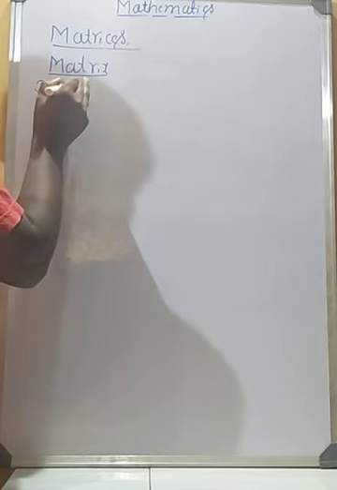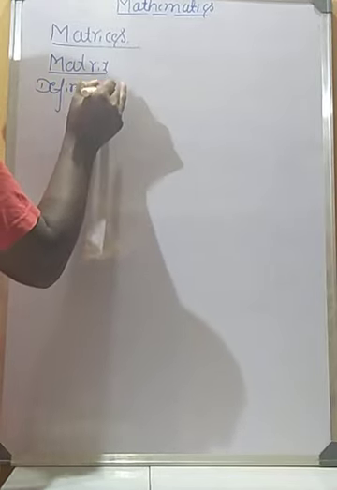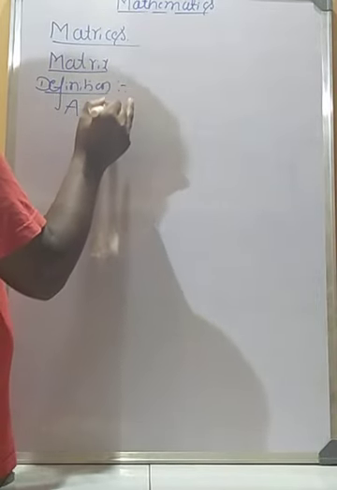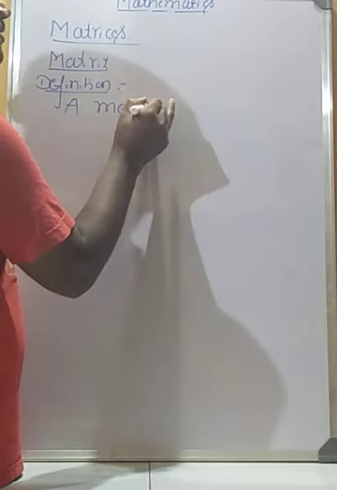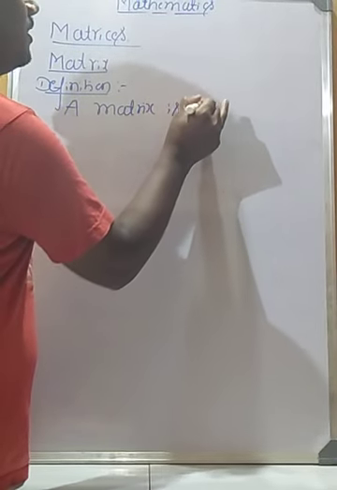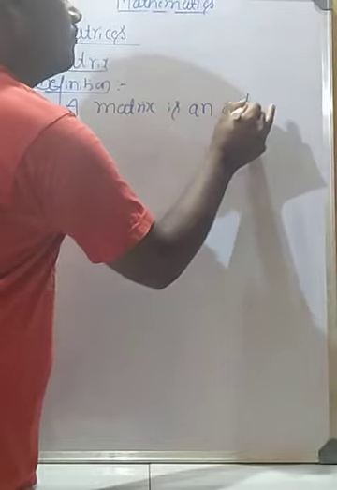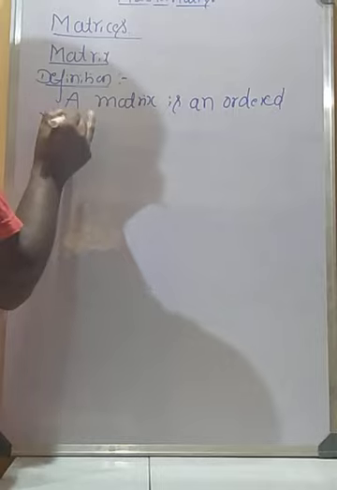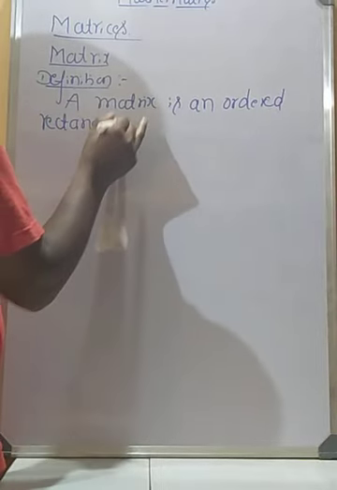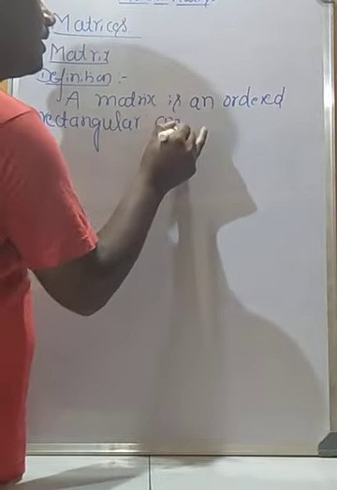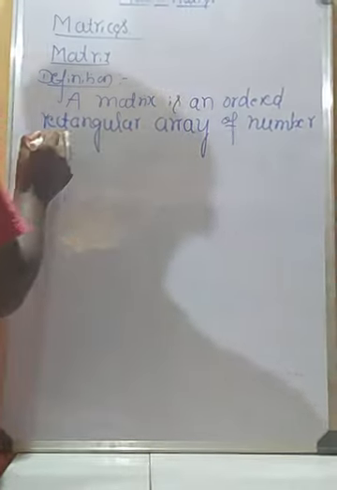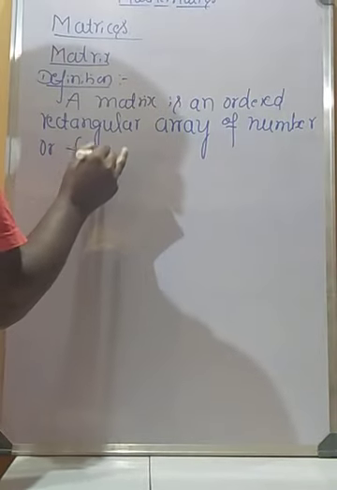Definition: a matrix is an ordered rectangular array of numbers or functions.